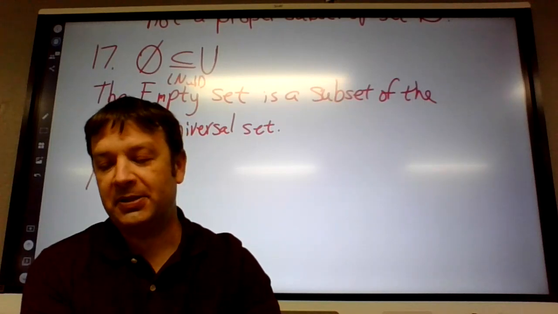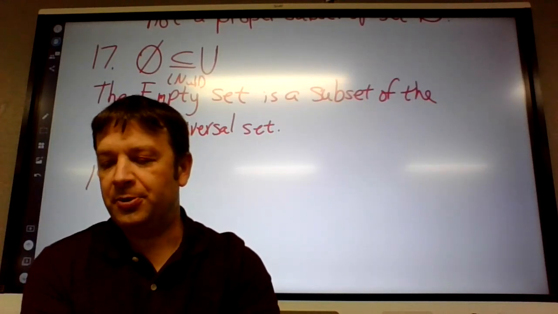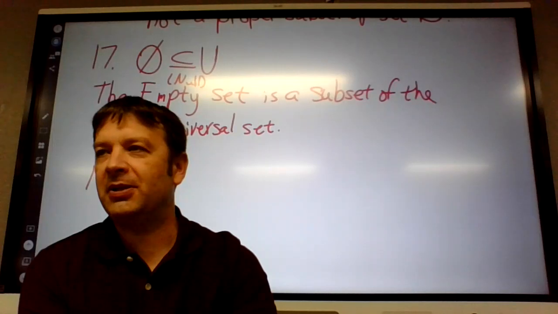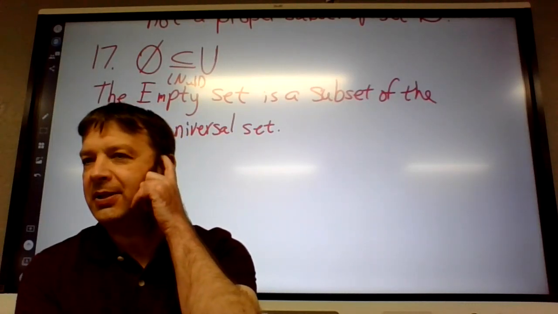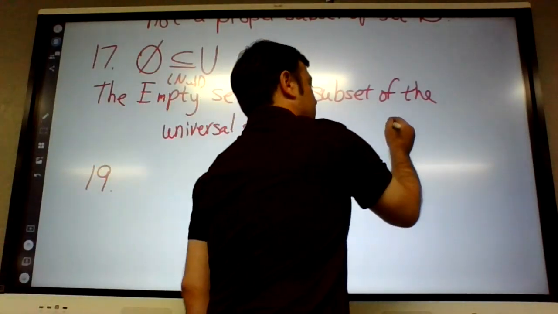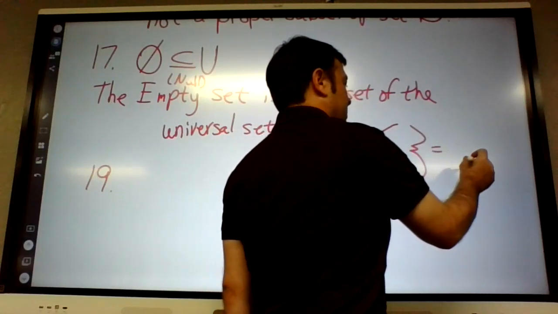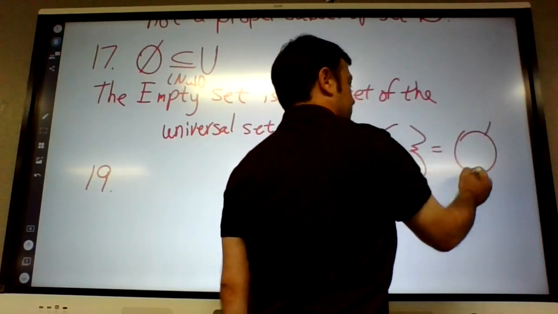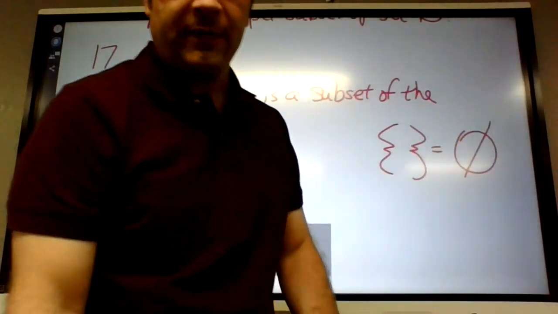Is an empty set the subset of an empty set? It's true because remember subset can mean they're equal. So the empty brace is another way of saying the empty set. They didn't put anything in there, so these are the same. Empty, null, nothing in either of them.